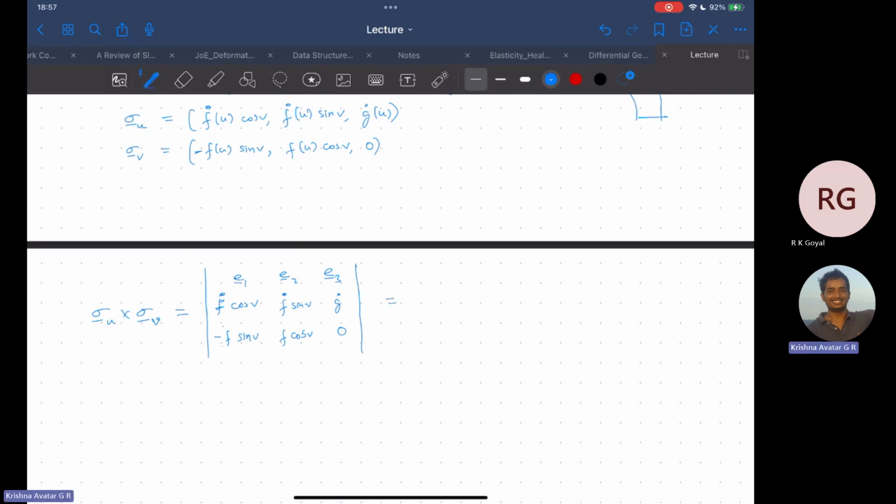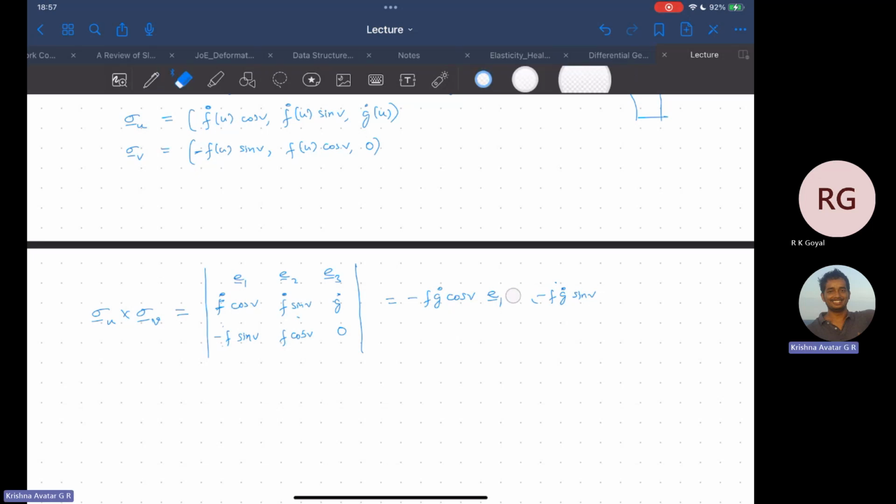So this gives us that for the E1 component, we have f dot sine into 0 is 0, so we have minus f g dot cosine v E1. Likewise, for E2, we have minus f g dot sine v, and again minus 0.